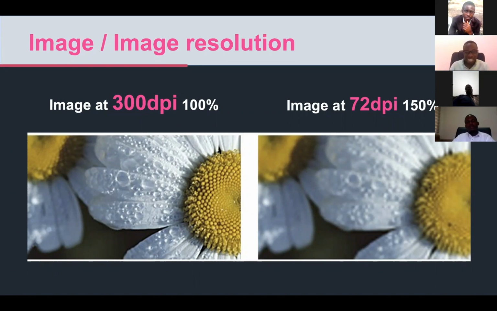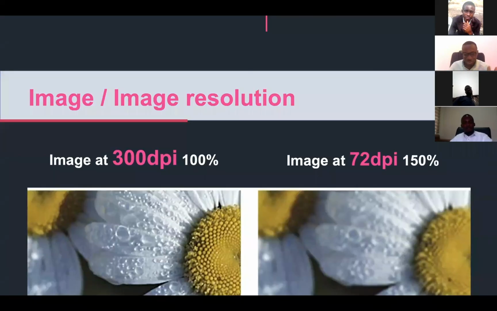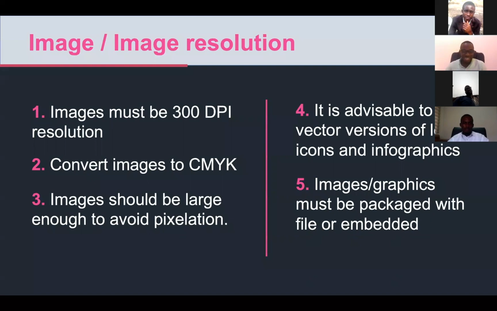The magic comes from the designer. Make sure that you are getting images of good quality, which the resolution is high enough. There must be at least 300 dpi so that when you use it for your print, it will come out sharp as you want it to be. So next time, let's not go and fight our printers. If you have your work printed and the image is blurred, most of the time, it could be from the printer, but most of the time, we don't choose the right images at the beginning of the work.